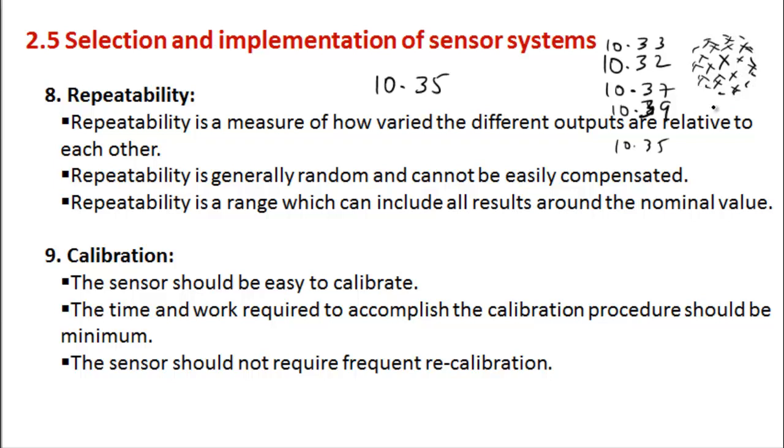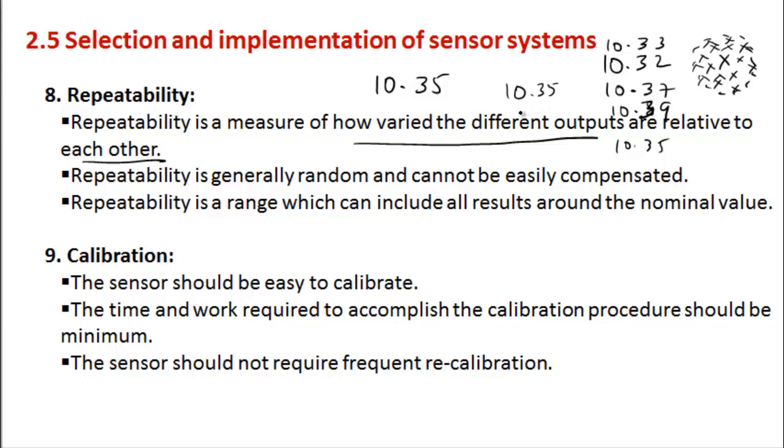So repeatability is how varied the different outputs are relative to each other, how much the reading is repeating itself. If it's a very accurate system, it will keep on giving the 10.35 reading itself, and it will be a very reliable system. It's also because its repeatability is very high.